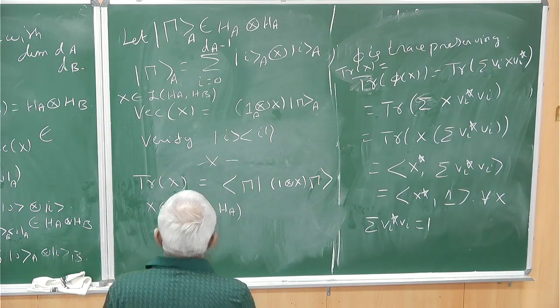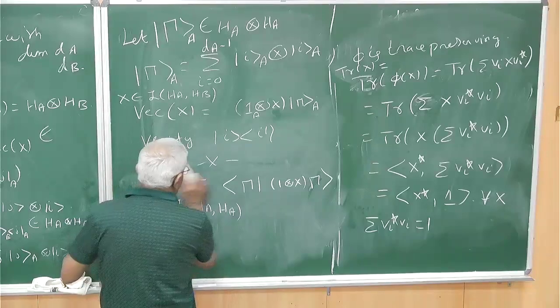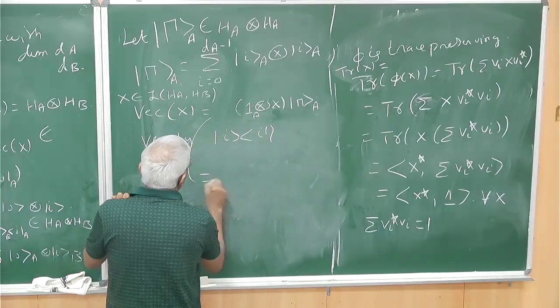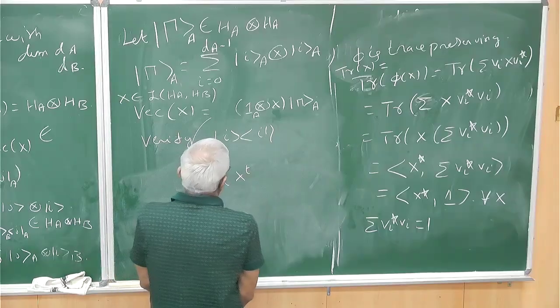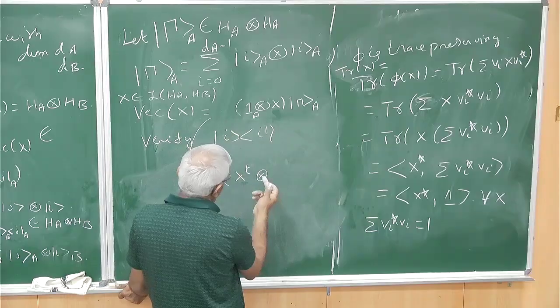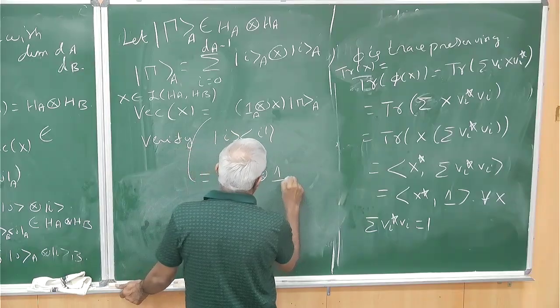And another thing I forgot to say, verify for IJ. Let me come to this before that. Also, this is also equal to X transpose, which will be from HB to HA. X transpose tensor 1B.